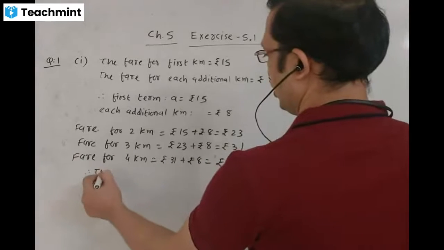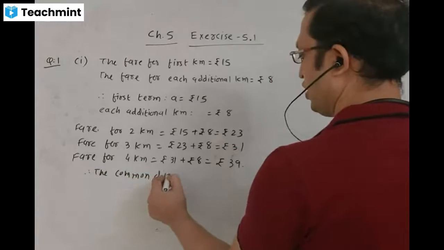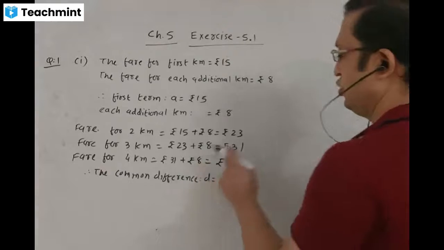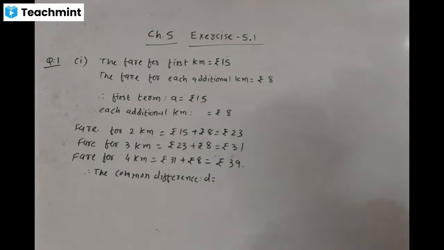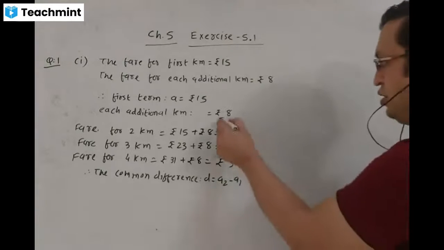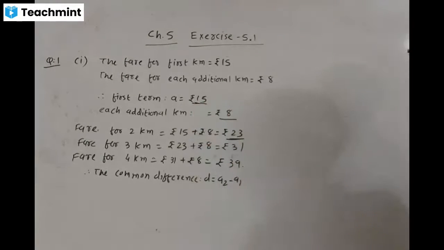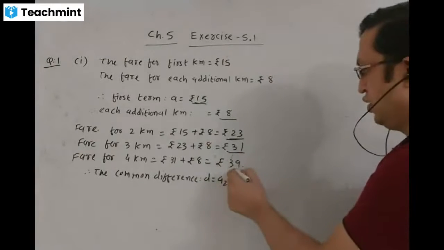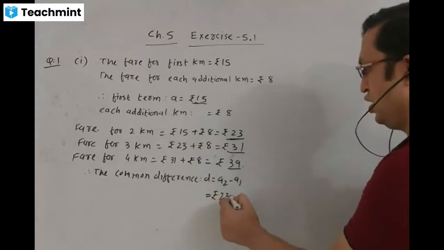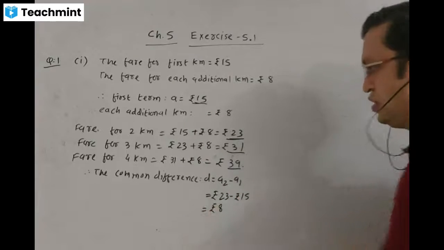Therefore, the common difference D is equal to second term minus first term, that is rupees 58 minus rupees 50, equal to rupees 8.